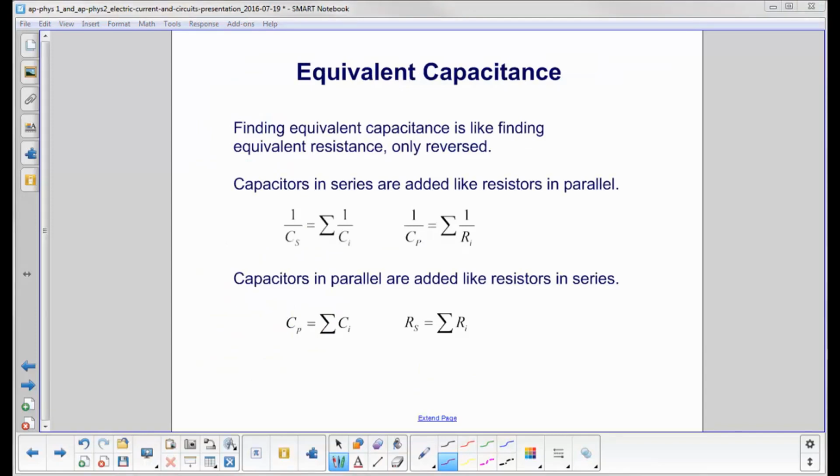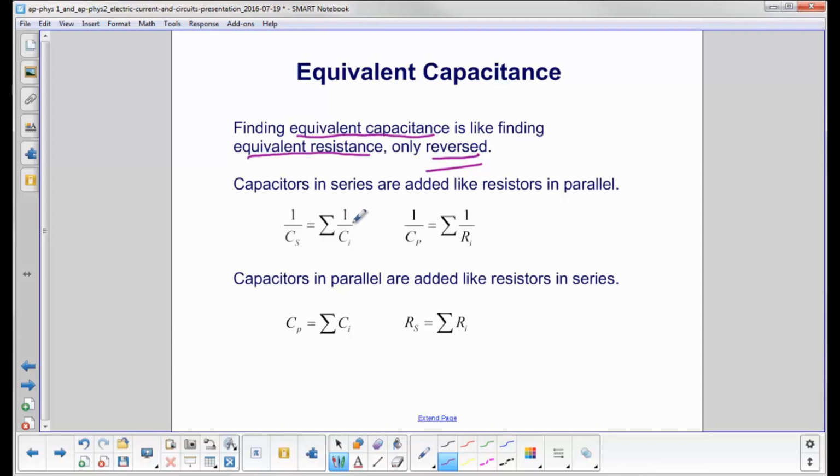Relating this to resistors, we find that the equivalent capacitance is like finding the equivalent resistance, but it's reversed. Capacitors in series are added like resistors in parallel. And again, the caution, when you solve for capacitors in series, when you do the math on the right side, that doesn't give you the answer for the equivalent capacitance.